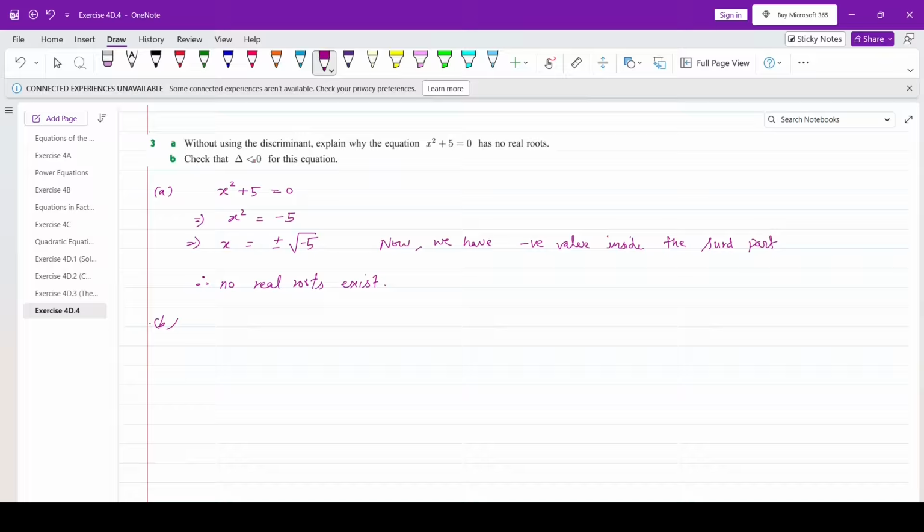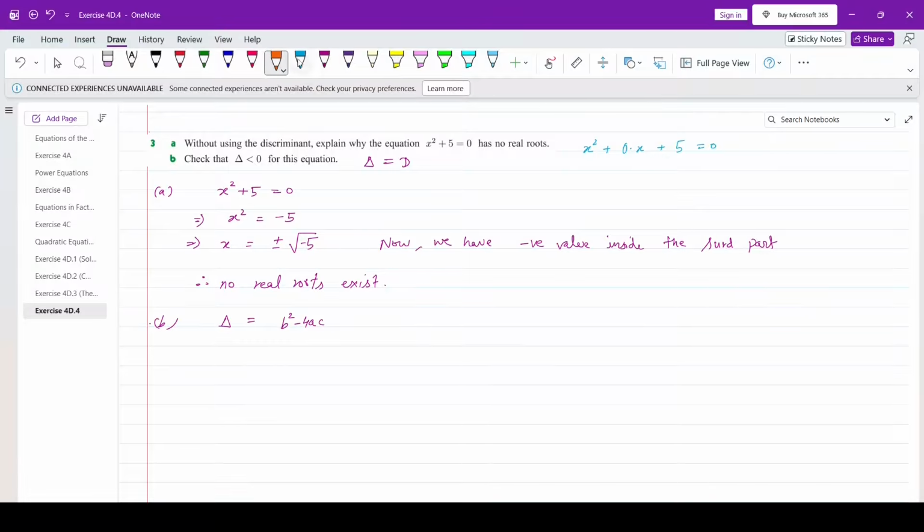Check that delta is less than 0 for this equation. Now here, delta is the same as the discriminant D we just used. So delta is going to be b square minus 4ac. Let's write the values of a, b and c. So first write this equation in the form ax square plus bx plus c is equal to 0. So this equation is x square plus 0 times x plus 5 is equal to 0.